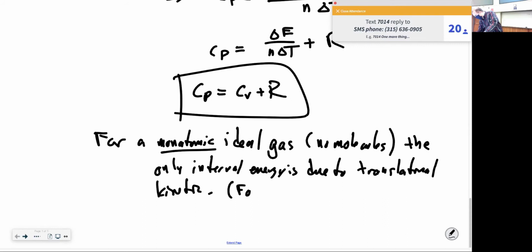For polyatomic gases, I'm going to put this in a parenthetical statement, so we'll come back to it. Polyatomic, meaning molecular gas, there is energy stored in rotational and vibrational modes of molecular bonds.